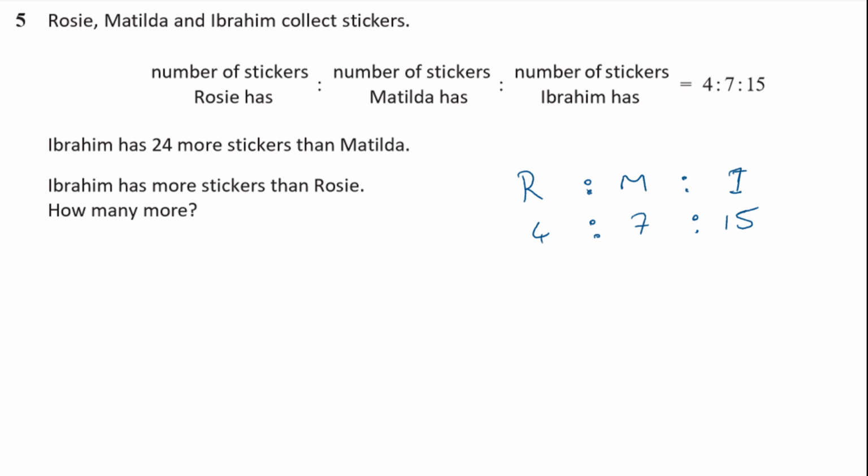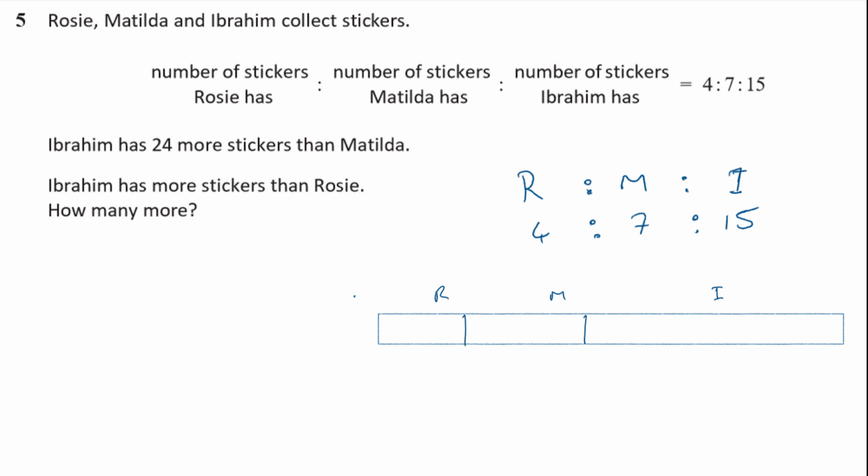Okay, so I'm just going to draw a quick bar model. So let's divide it up. Remember, Rosie has 4, Matilda has 7, and Ibrahim has 15. That's the kind of ratio. It doesn't mean that's how many stickers they've got. That's the ratio that their stickers are in.